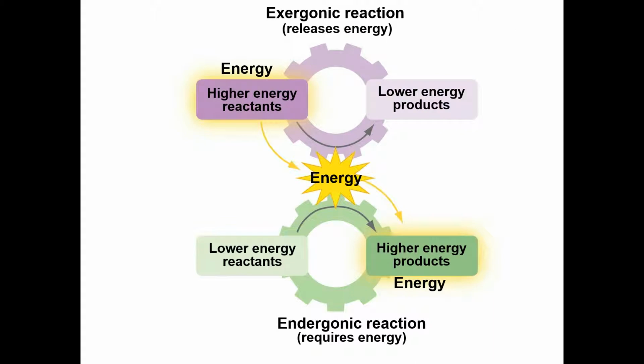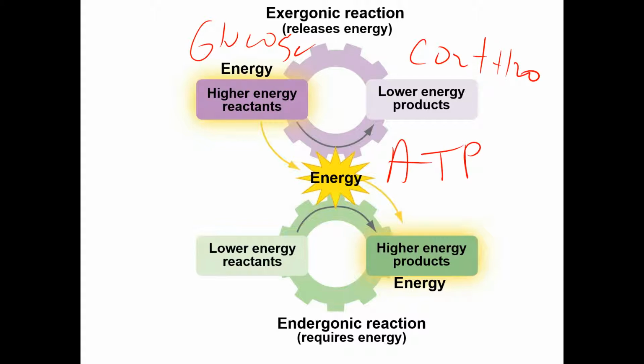We're talking about these two types of reactions separately, but in reality, they're actually interconnected. So your exergonic reactions: you'd have your high energy reactants, something like your glucose, and here you have your byproducts of respiration, CO2 and water, and you're producing ATP.